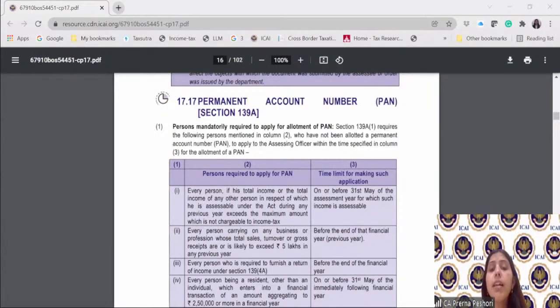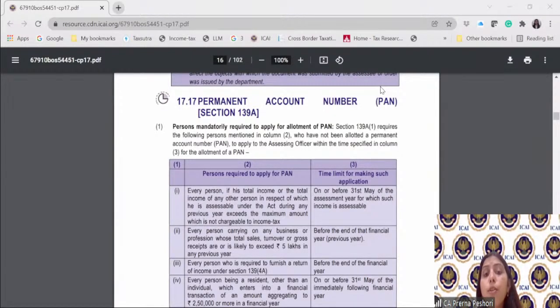Every person carrying on business where the total sales, turnover or gross receipts exceed rupees 5 lakh in any previous year is required to make the application for the PAN before the end of that previous year. Every person who is required to furnish the return under 139(4)(a). We have discussed 139(4)(a). What is a 139(4)(a) person?